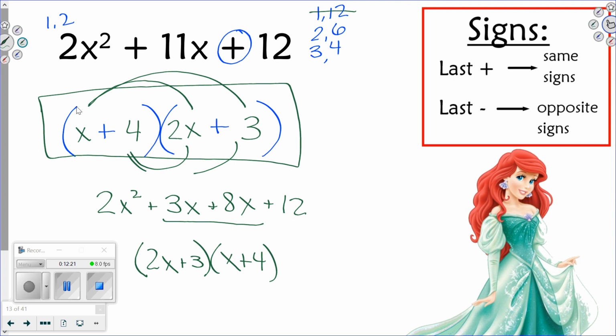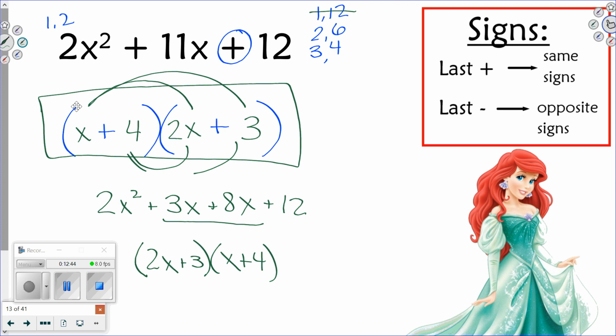But does it matter what order the numbers are when you multiply them? No, it doesn't matter. So like here, the entire groups being switched is okay. I still have a 2x plus 3. I have an x plus 4. I have the same groups, so it doesn't matter. Now, did it matter if I flip-flopped a single number in them? Yes, that makes a difference.